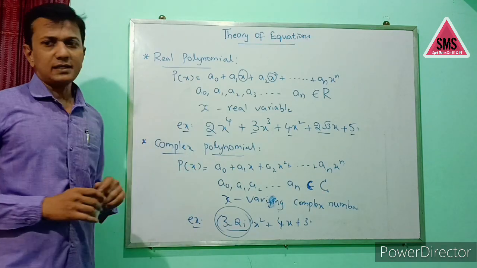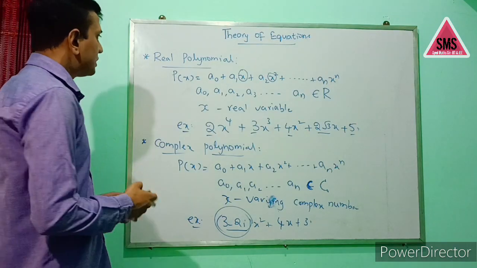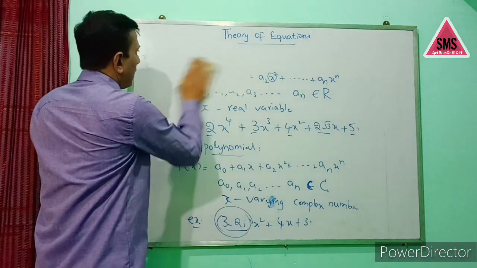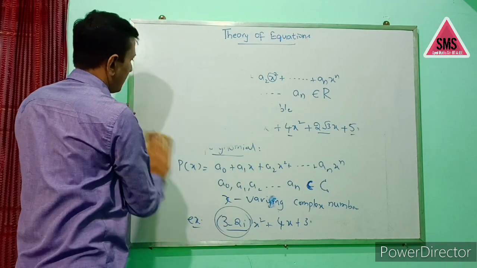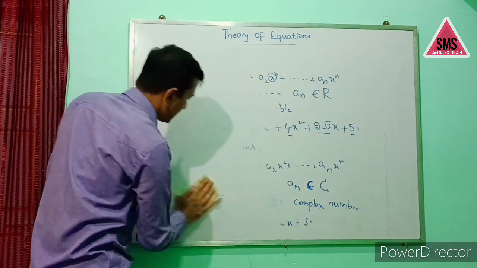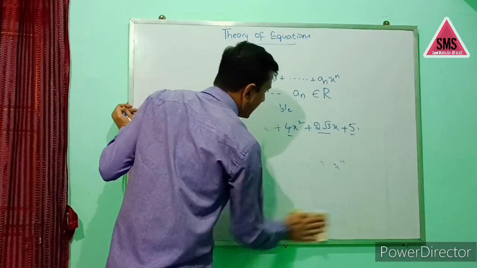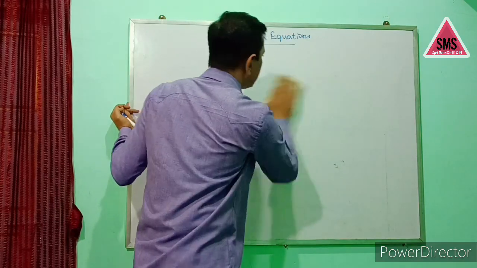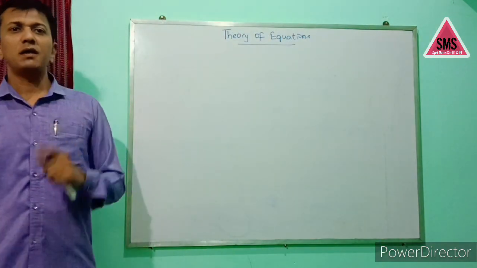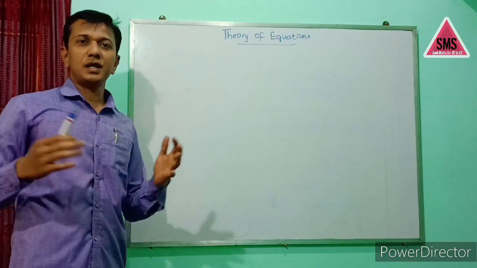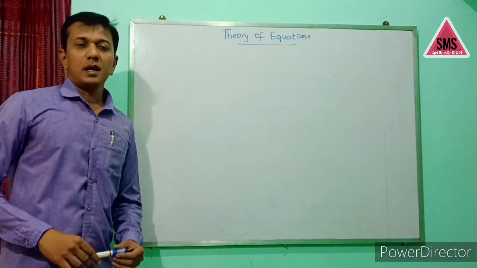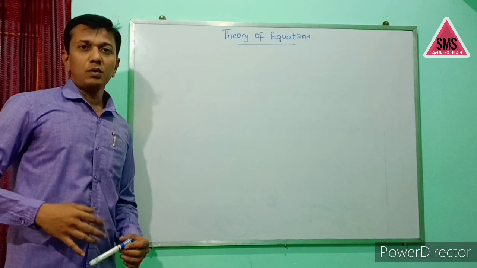Next, after this, we have a rational function. Rational expression or rational function. What is meant by rational number? Already we have gone through the rational number definition in high school level. A number which is written in the form of p by q.